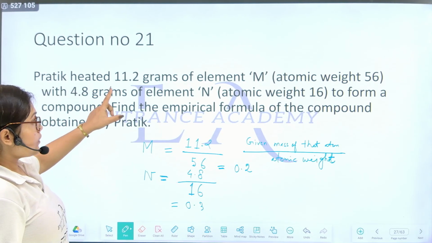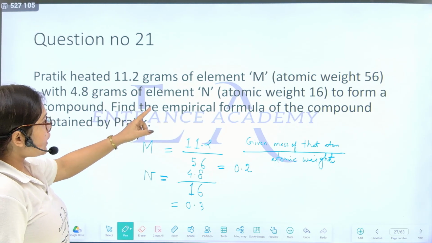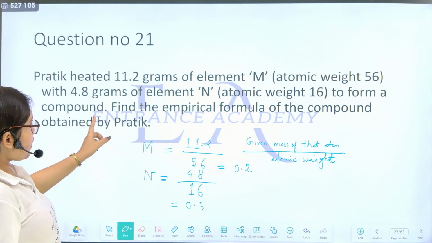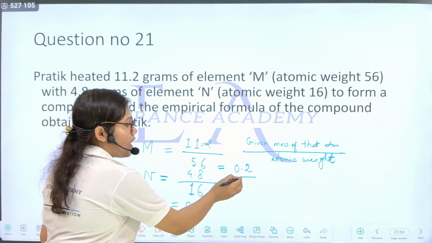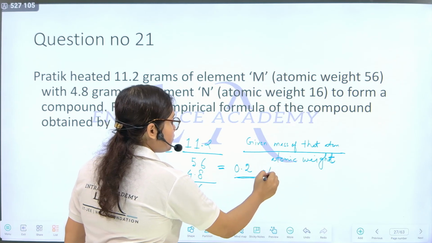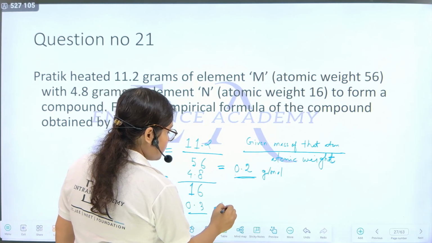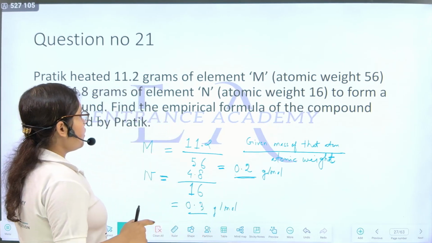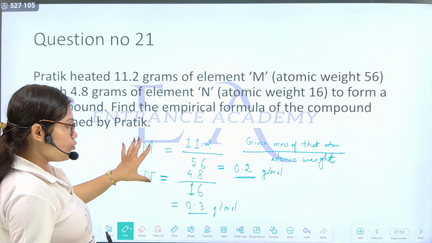So the given portion is 11.2 grams of M and 4.8 grams of N to form a compound. So we have this part of M and this part of N. Find the empirical formula of the compound obtained by these two.